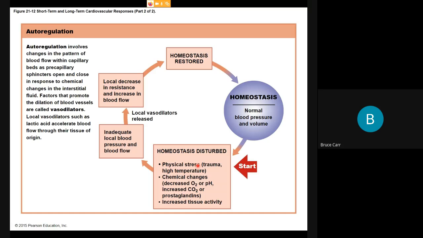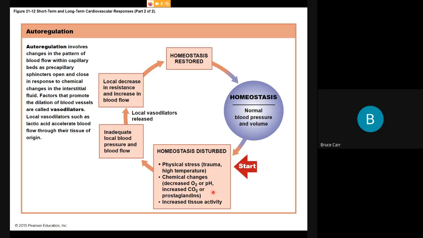Let's take a look at some of these factors, and as study aids, these diagrams are really well placed. Autoregulation, showing here what can disturb homeostasis and affect blood pressure and volume. Well, physical stress, trauma, alarm, threat, high temperature, which basically tells you you have to behave differently right now.